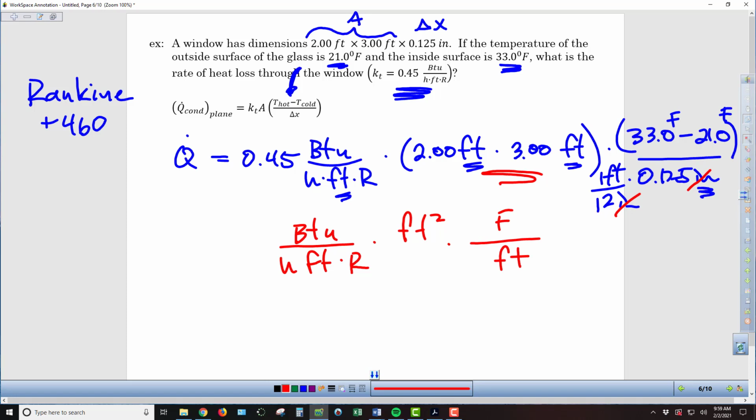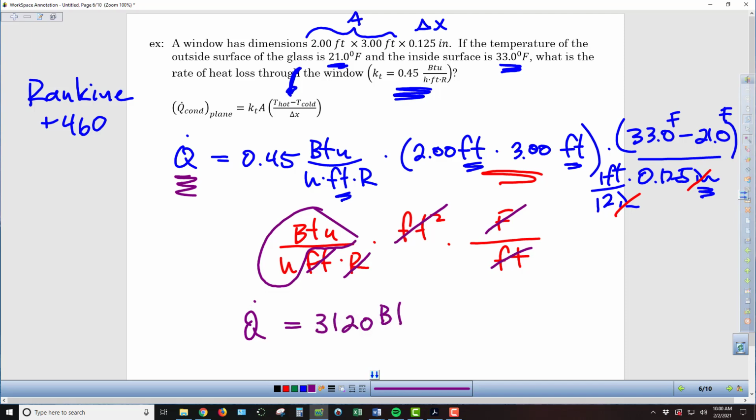So checking to see what our units are going to work out to be, these 2 feet are going to cancel out with the feet squared on the top. The 2 temperature measurements are going to cancel out as well. And so the only thing that we have left is BTUs per hour, which indeed is what we want if we're looking for a heat transfer rate. So now, if we perform the arithmetic, we can get a heat transfer rate of 3,120 BTUs per hour, pretending like we had three significant figures everywhere.